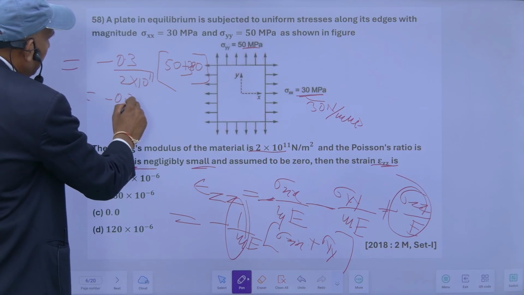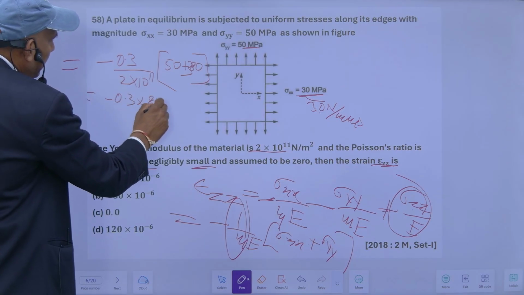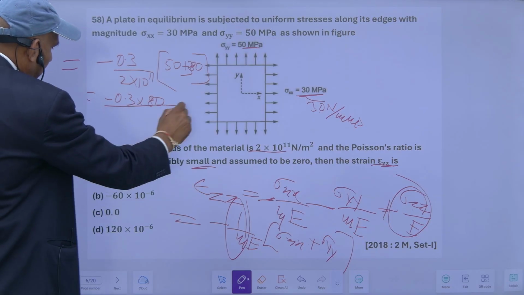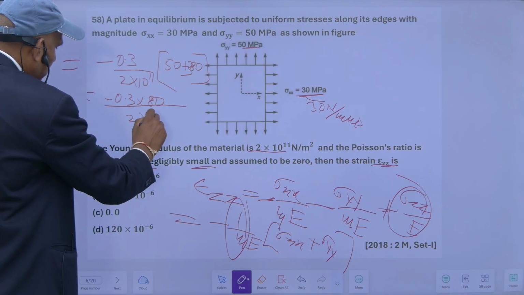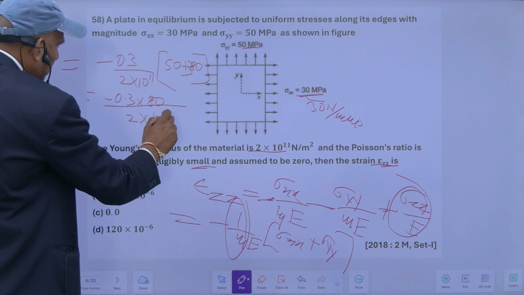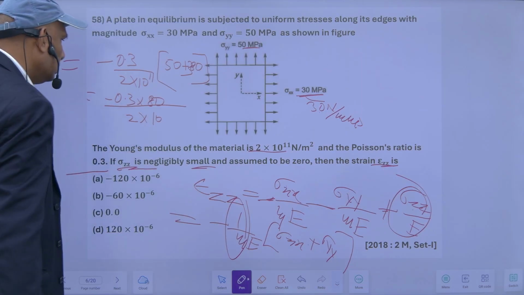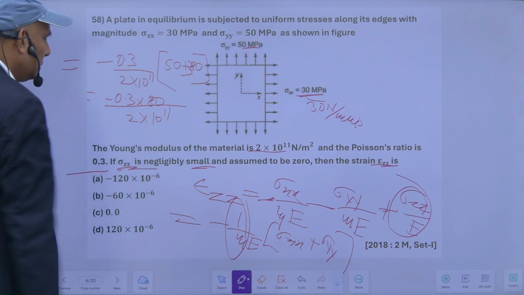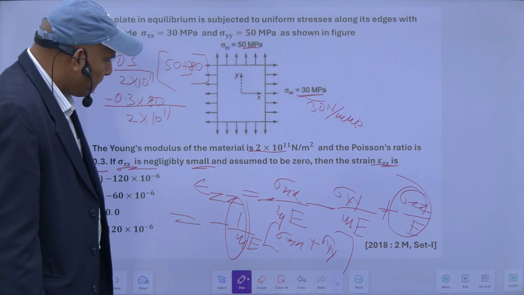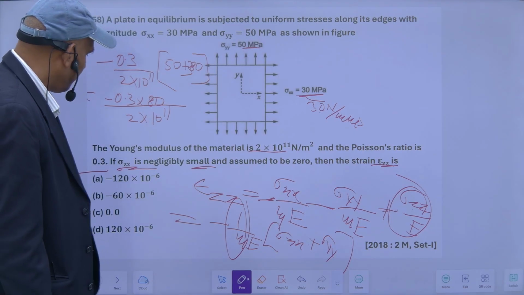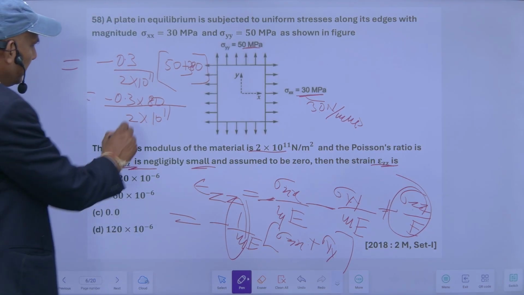Minus 0.3 into 80 upon this is 11. So this will be the value.